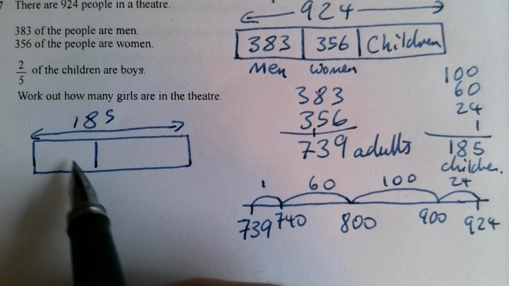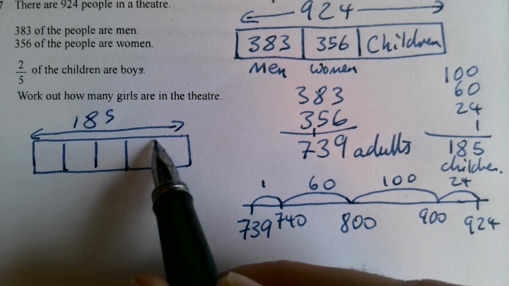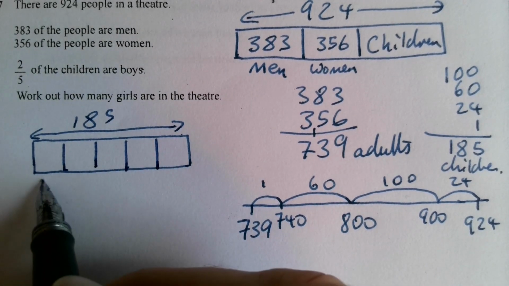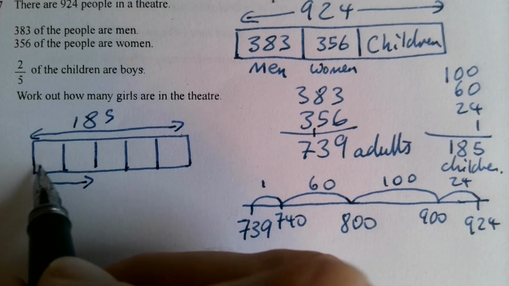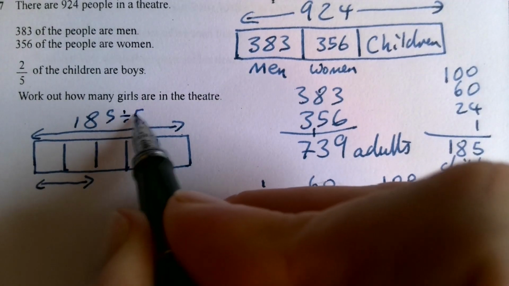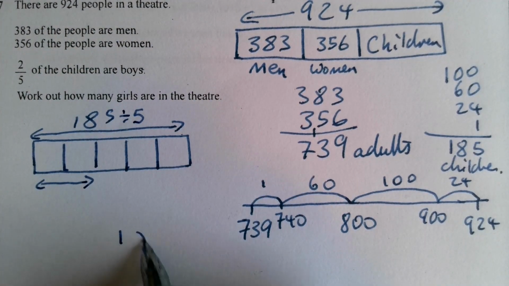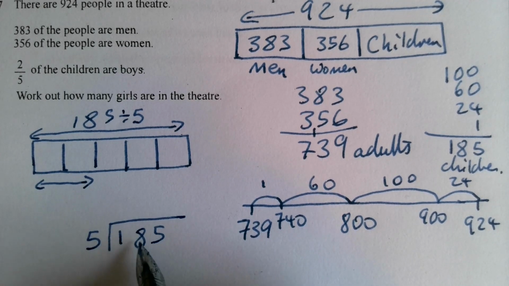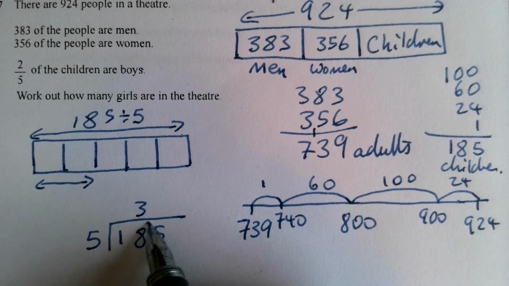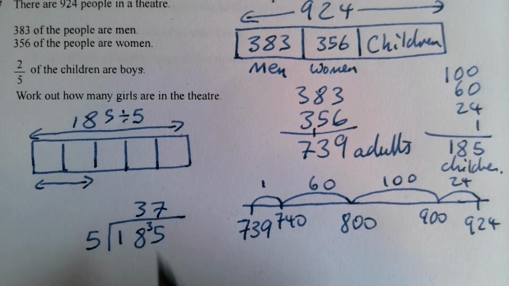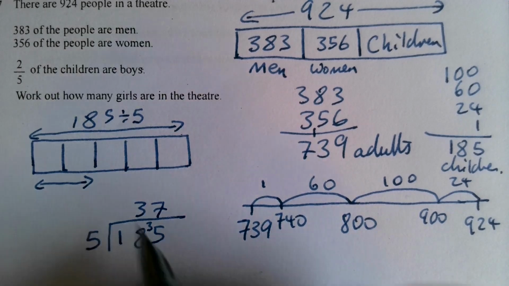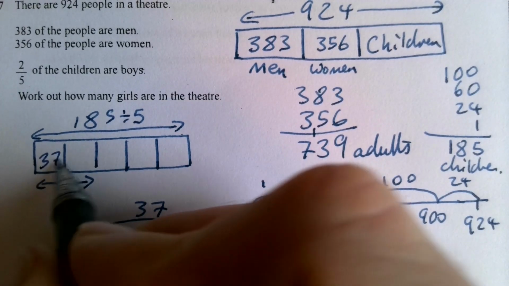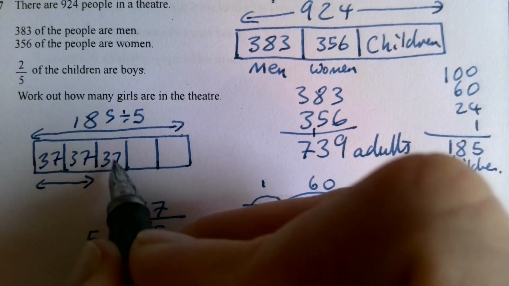Split this into 5, and we're looking for 2/5 of them. Well, if we split it into 5, we need to divide by 5. 185 divided by 5. 5 goes into 18 3 times, with 3 left over, and 7 times into 35. So it would be 37 in each fifth.